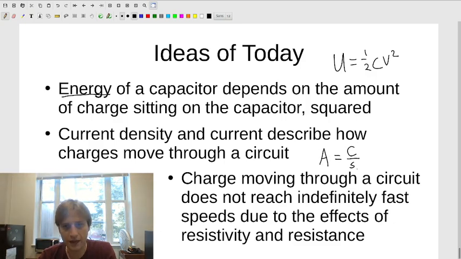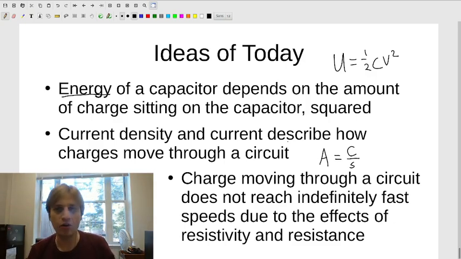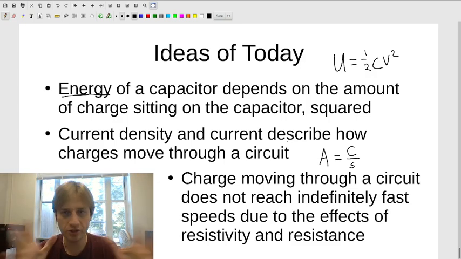How much charge is passing by a cross-sectional surface in your circuit each second. And because we notice that charge doesn't just simply get faster and faster and move more and more quickly through a circuit as you continue to apply a voltage, we need to start introducing an idea called resistance. So next week we'll be talking about resistance and resistivity and how those are ways that energy can dissipate out of our circuit.